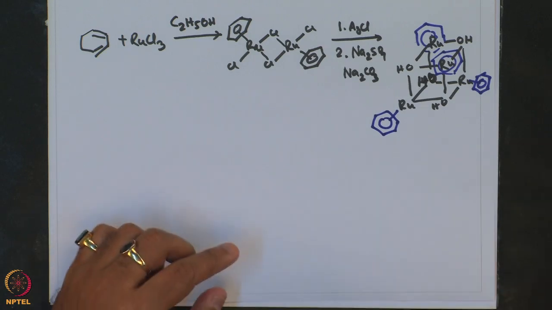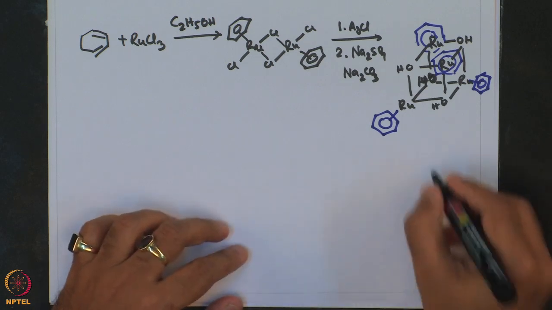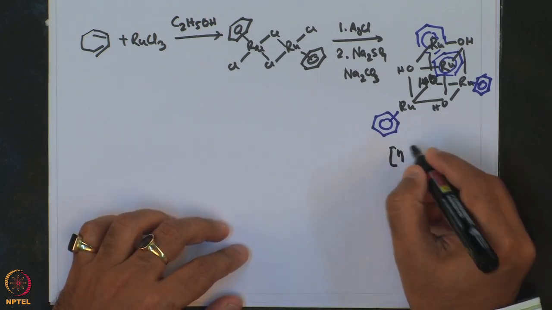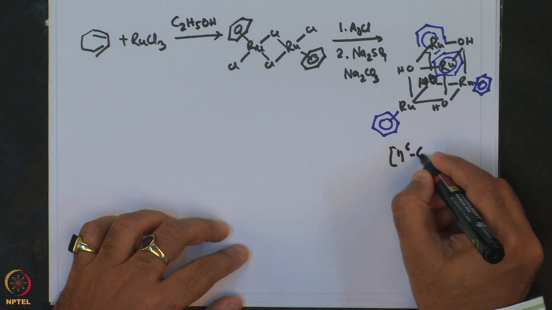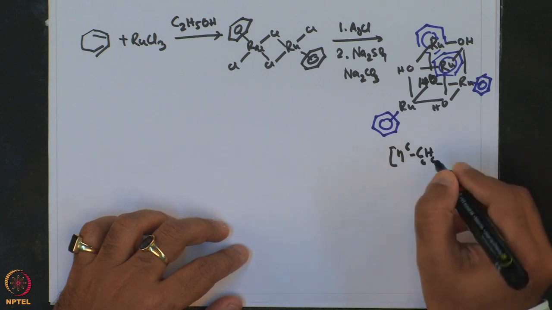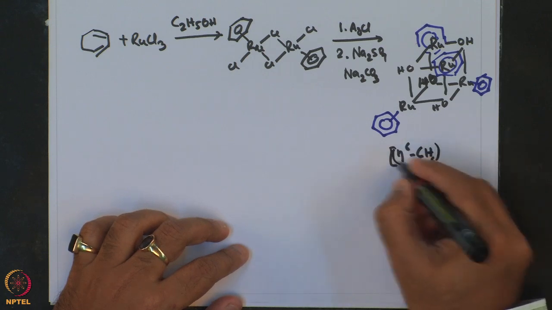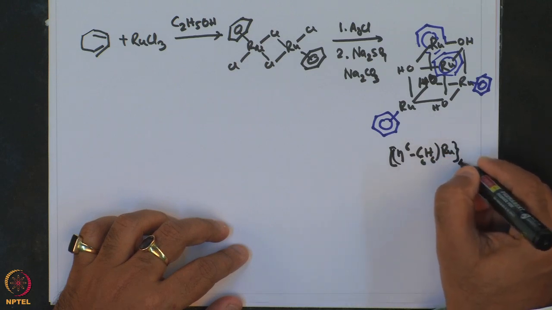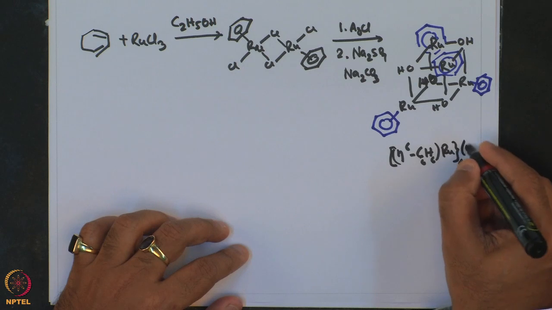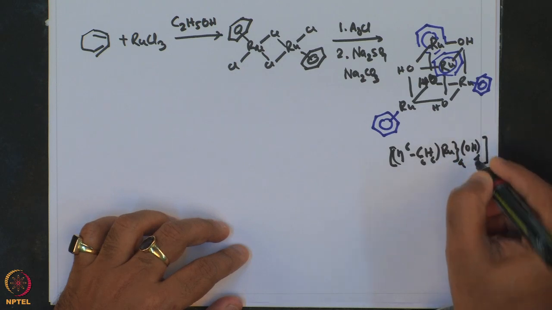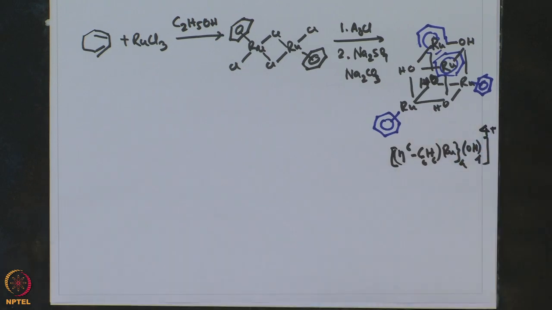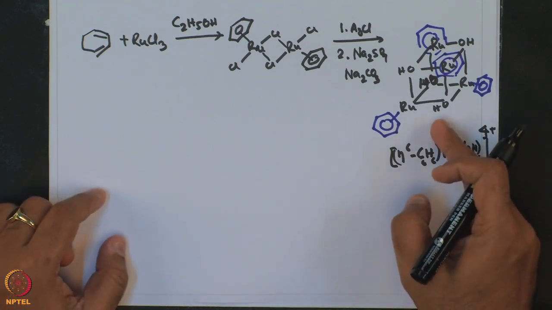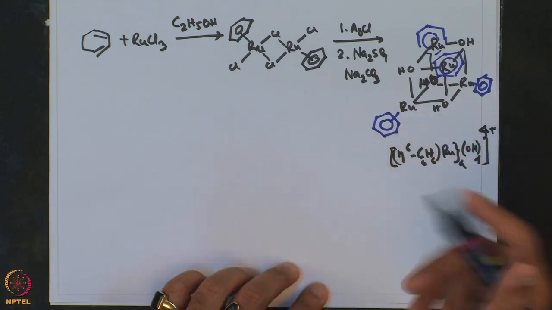So, this gives this tetrameric compound, which can be written as [(eta 6 C6H6)4 Ru4 (OH)4] 4+. So, this is an interesting cubane kind of compound.